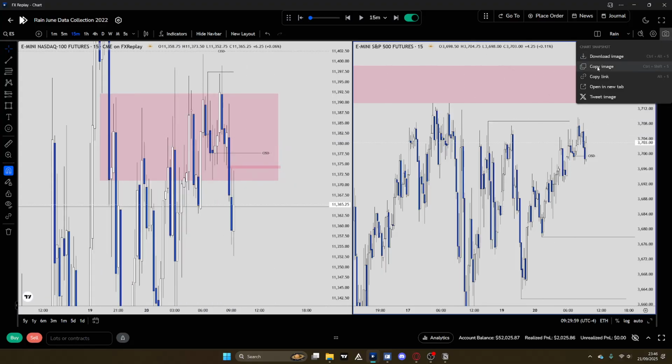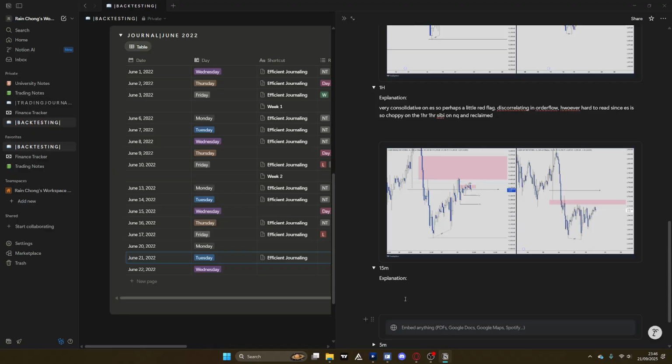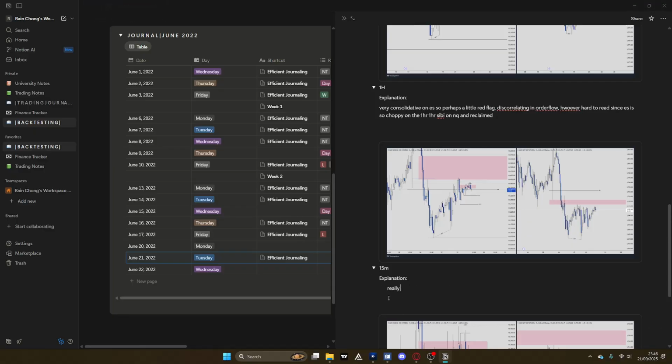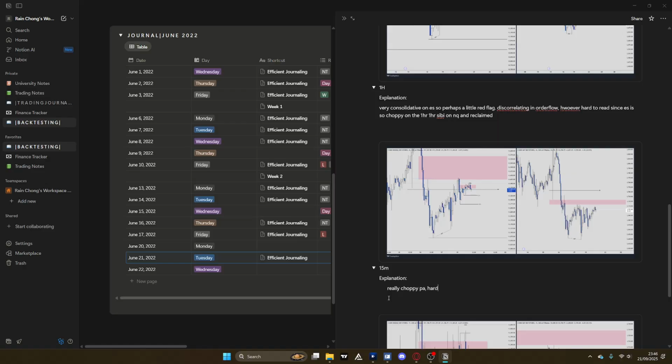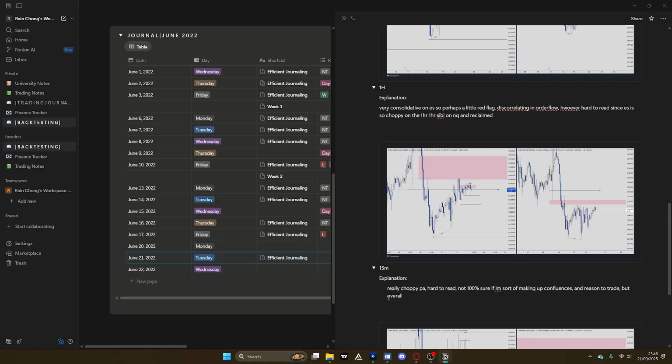So really choppy again. Really PA, hard to read, not 100% sure if I'm sort of making up confidences and reasons to trade, but overall it's readable.